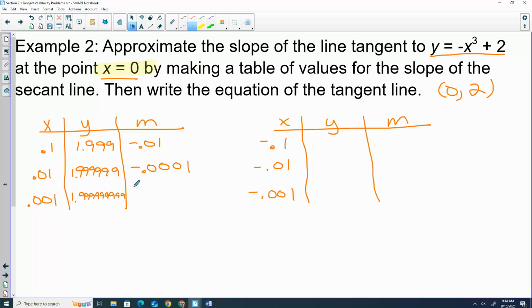And if you do your slope, you guys get, for your slope.